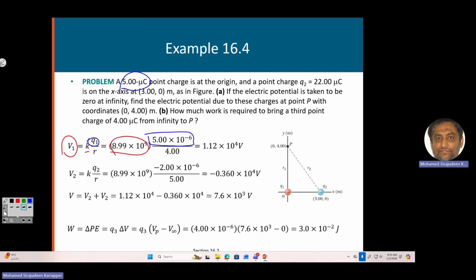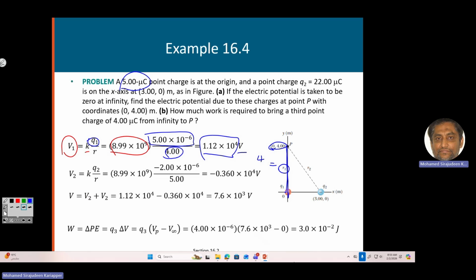If it is plus, you can just leave it; it is understood it is plus. And R1 is this, so if it is 0, 4, this distance will be 4. And you just take your calculator, get the answer, and if you put everything in SI units, the answer for the potential will be in volt.